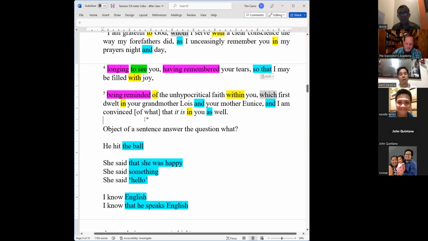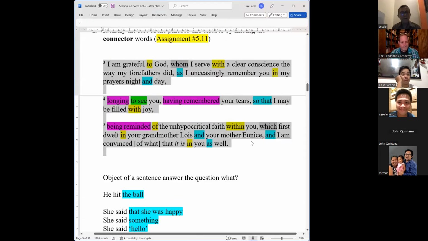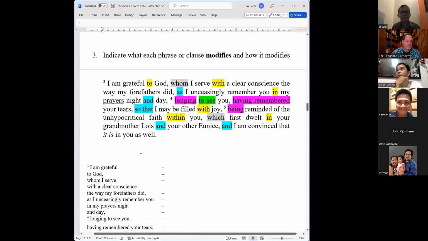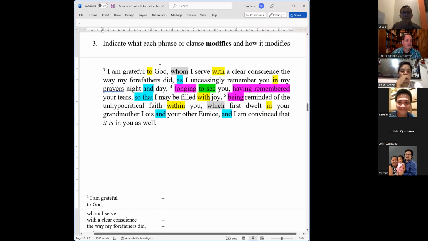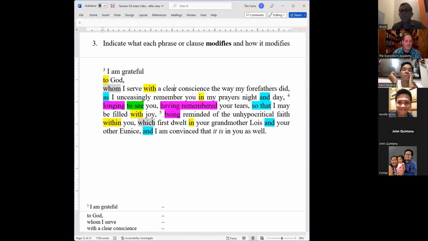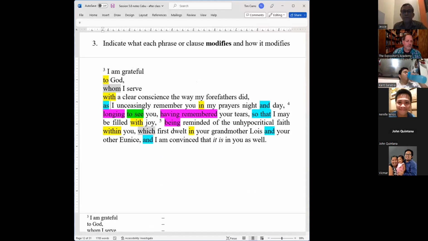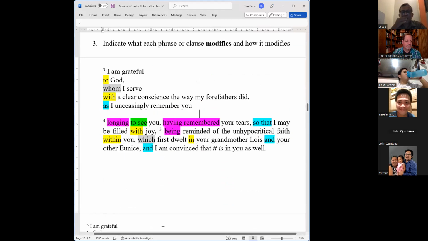All right. Well, now that we have these connector words, let's identify the phrases and clauses. And actually, I've done that here already. In this step, at each connector word or punctuation mark, I'm just going to form the next phrase or clause, following the connector words and then sometimes punctuation.